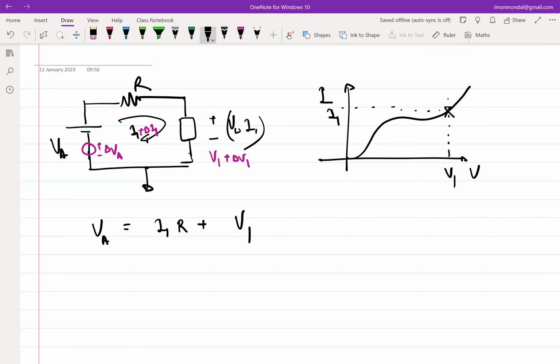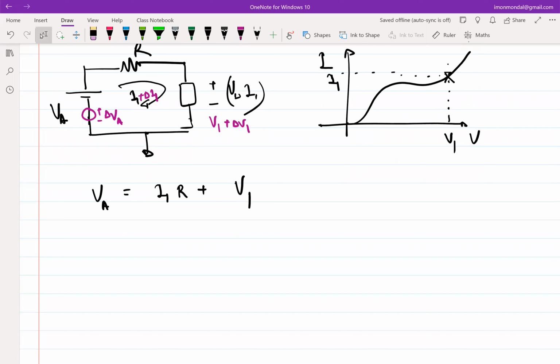The relationship between the perturbations and the operating point voltages and currents can be expressed in the form of KVL as follows. VA plus delta VA will be equal to I1 plus delta I1 times R plus V1 plus delta V1.